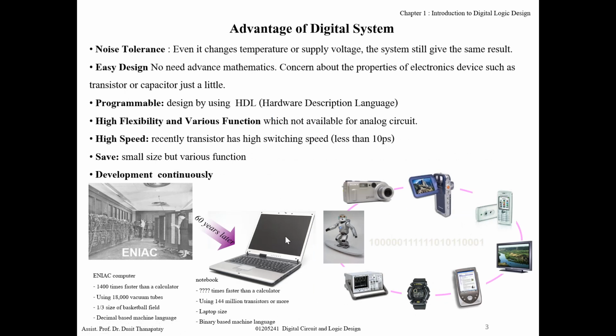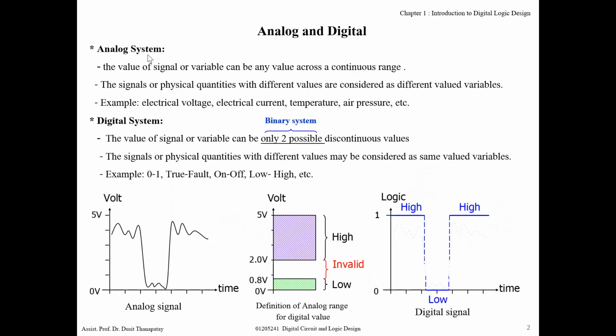This is called noise tolerance, an advantage of digital systems. If the temperature changes, the voltage may change, maybe from 3.5 volts to 3.8 or 3.7 volts. That is different in the analog world, but in digital it's the same logic high.